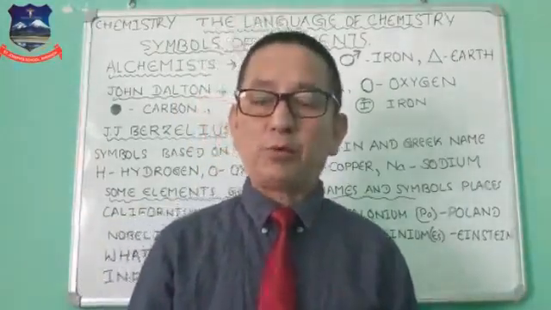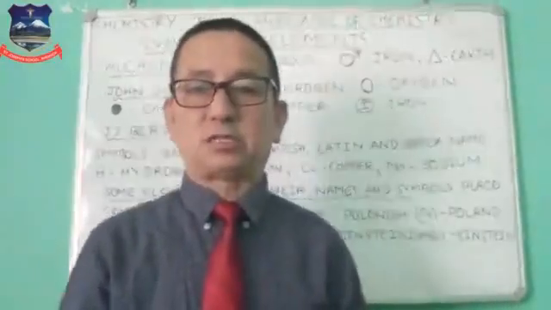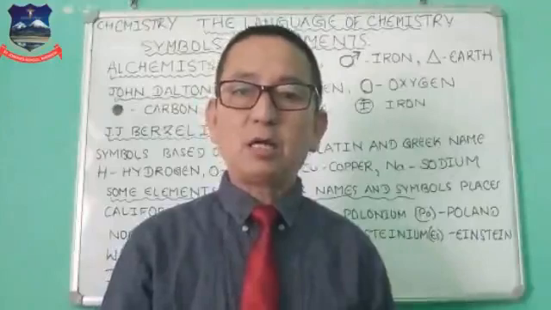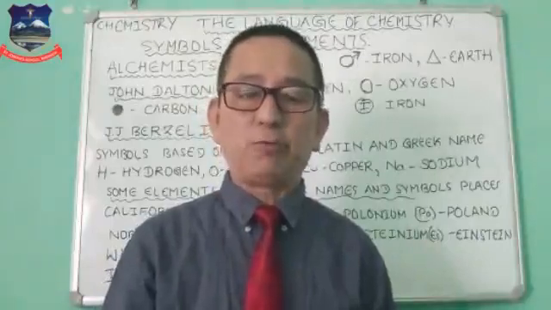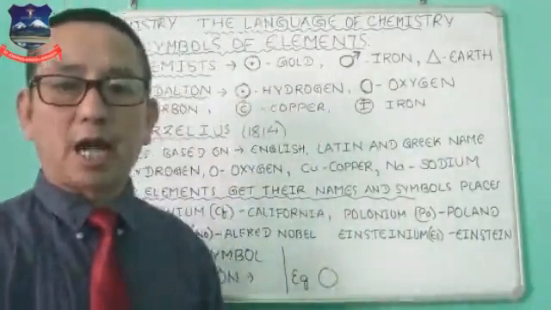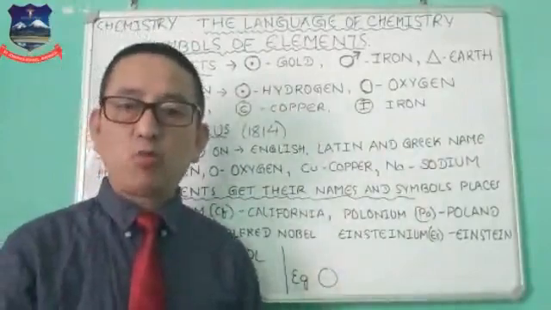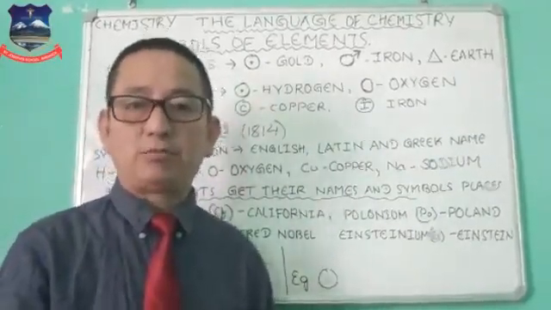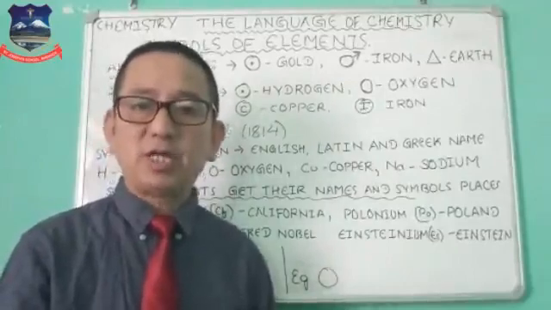When we want to report these elements, it would be inconvenient to use their full names all the time. It would be more convenient if we give symbols to each element.